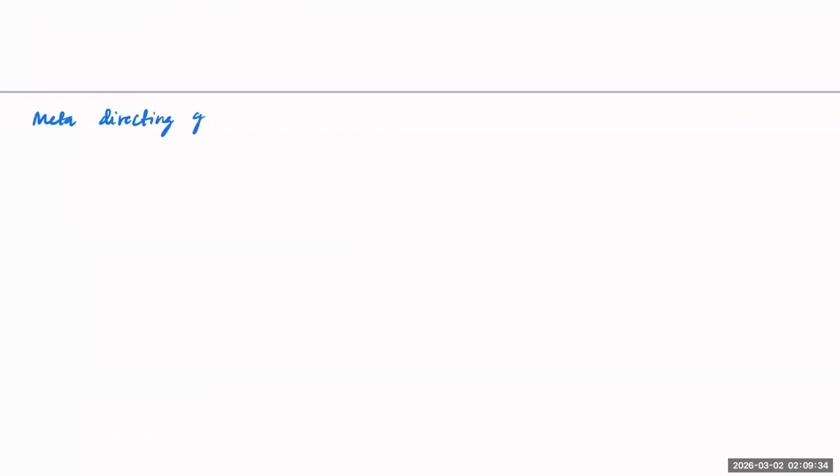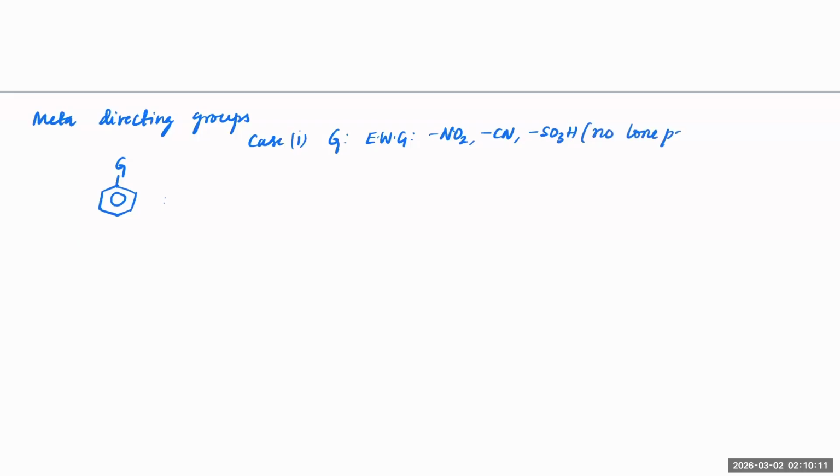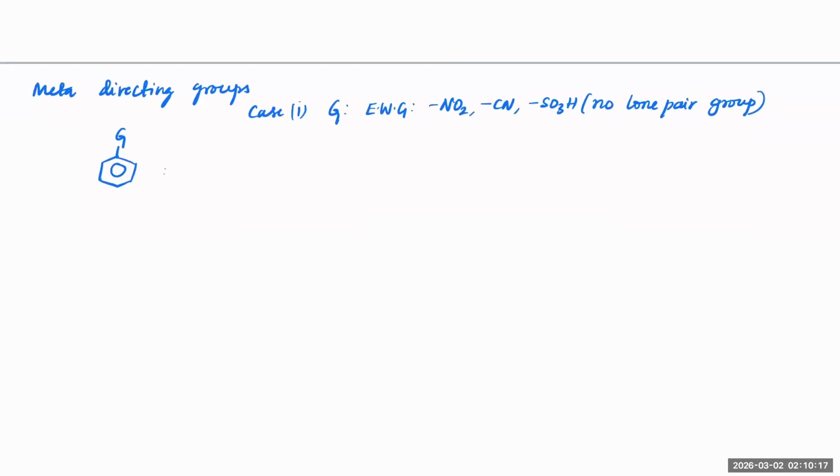Meta directing groups, which means if you have benzene like this with some group G here, let me put it as case 1: if the group is a strongly electron withdrawing group like NO2, like cyanide, like SO3H, these do not have a lone pair group present directly on benzene.